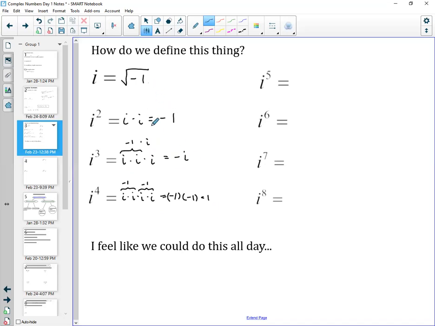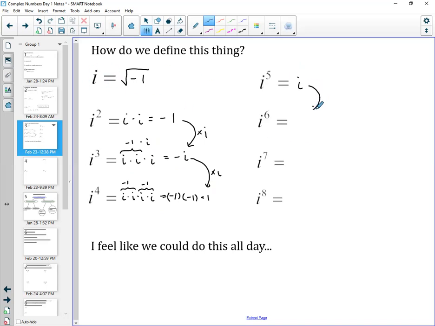Basically, you just multiply whatever you get here by i every time. To get up to i to the 5th, I multiply this number by i. And since this is a 1, 1 times i is just i again. So I'm back where I started with i.